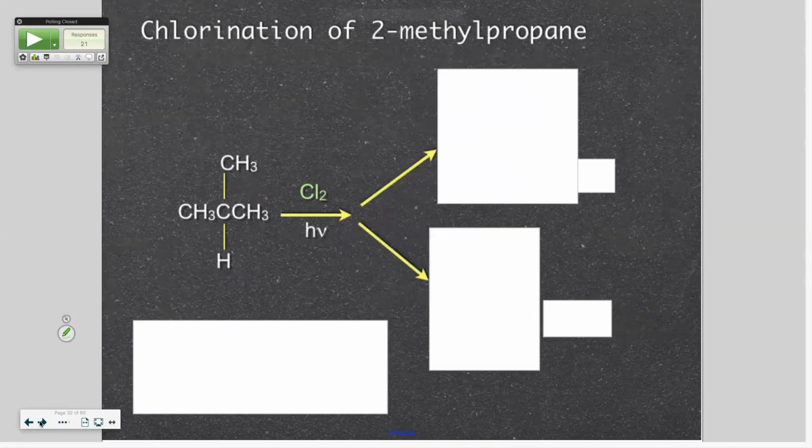What about this one? It's the same thing. All 3 of these methyls are equivalent, even if, as it's written on the board, it doesn't necessarily look that way. They're all the same. Is that helping? All right, so how many possible products are there? There's 2.